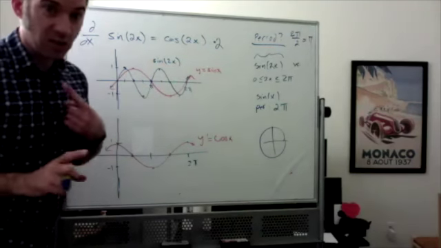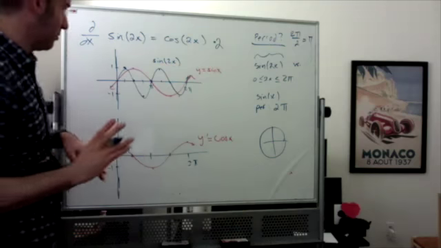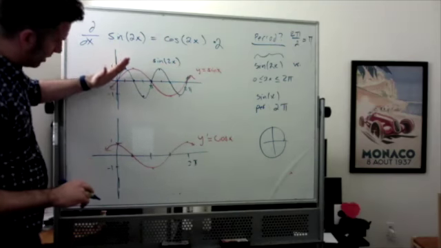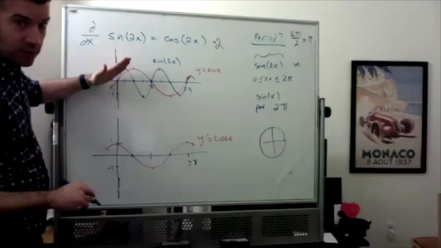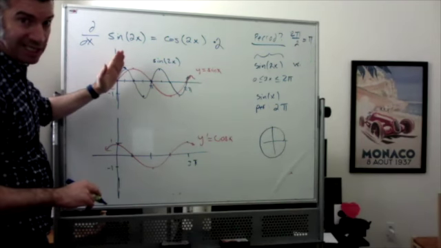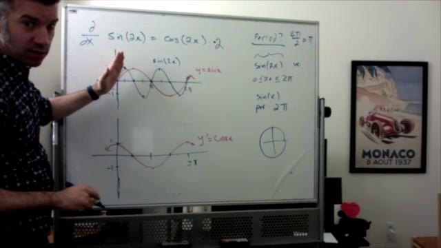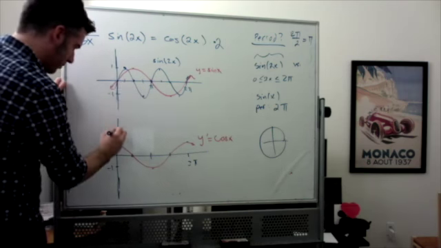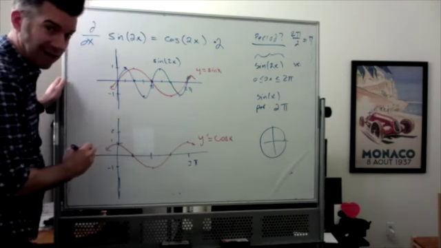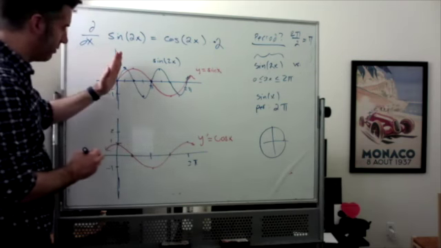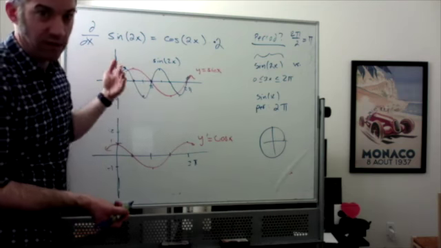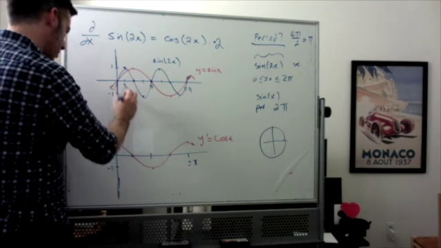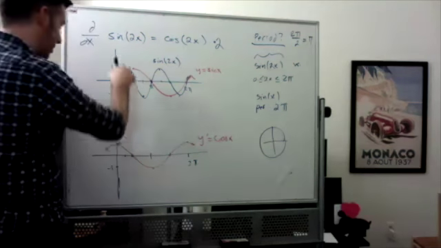Okay, let's draw its derivative, which we know is going to be something like cosine. Now here's the deal. The red one at the origin has a slope of 1. The blue one at the origin has a steeper tangent line. So that means the derivative is going to be a higher value, like 2. It is a slope of 2. I know my picture is not perfect, but it is a slope of 2. Then at pi over 4, we get a slope of 0.